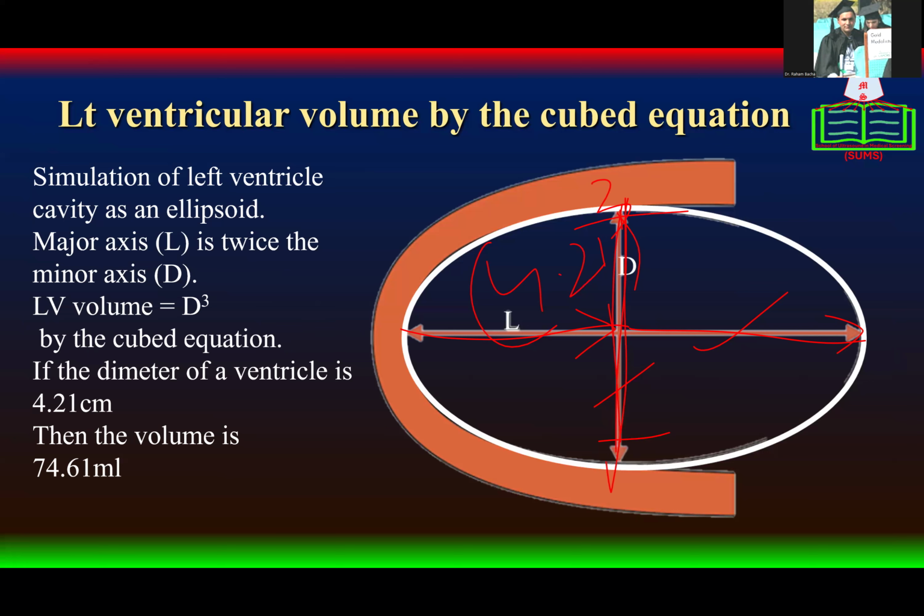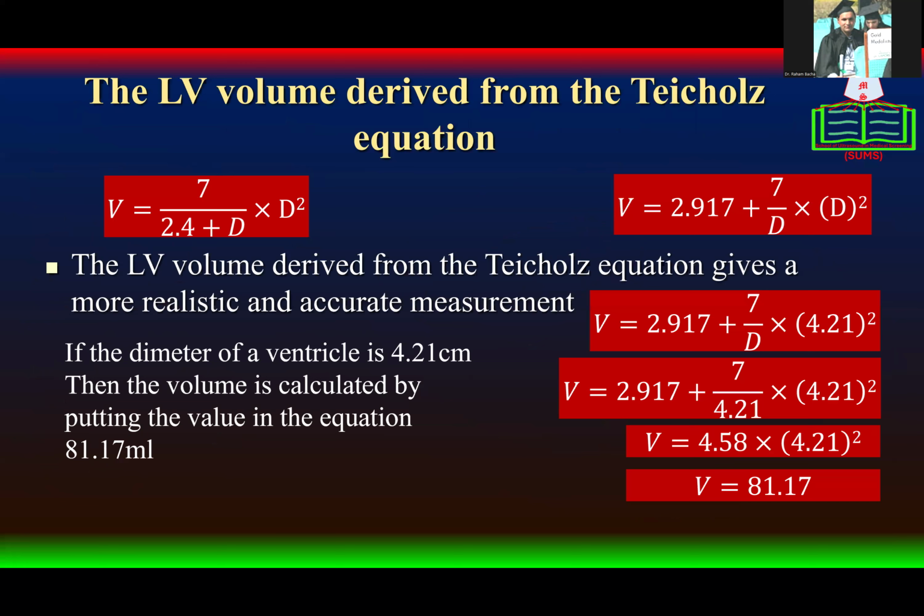So the volume can be calculated from this cubed equation as 74.61. And the left ventricular volume can also be calculated with the help of Teichholz's equation, which is used mostly in M-mode examination.